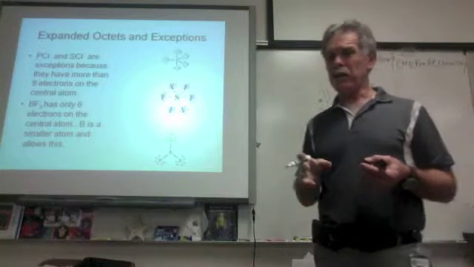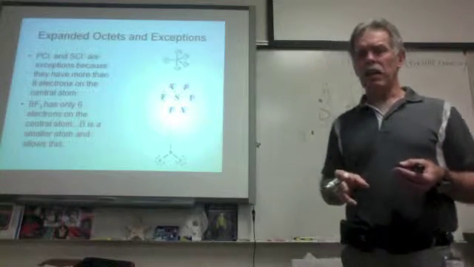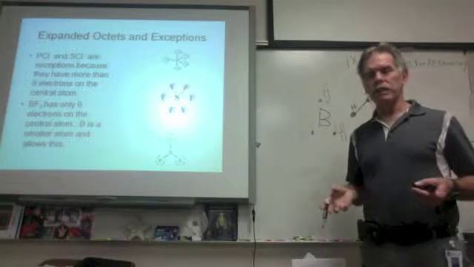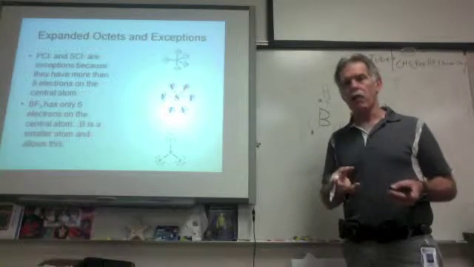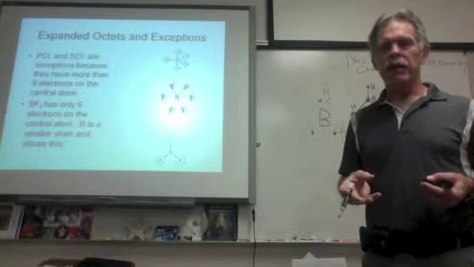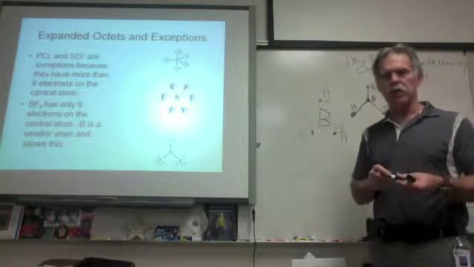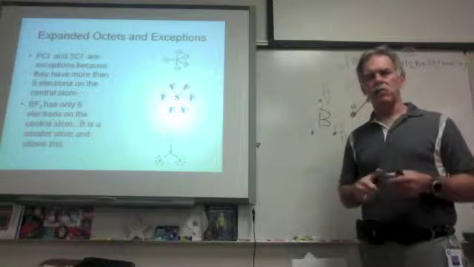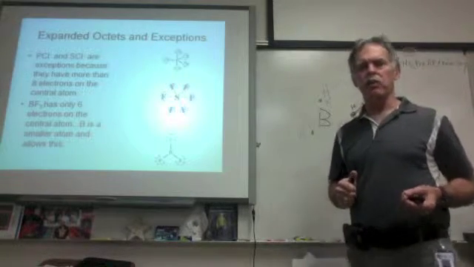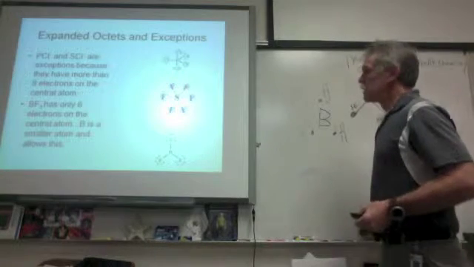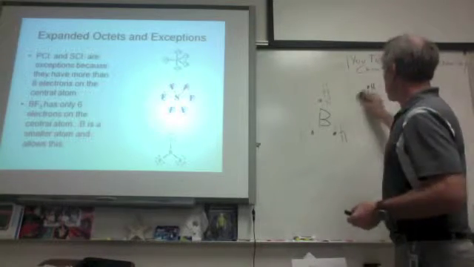So when we talk about BH3 and its shape, it's one of the few examples of the trigonal planar that y'all will see. There are some others, but make sure you know that that one's trigonal planar, because I believe on the quiz or the test, I ask you what the shape of a BH3 molecule is. Trigonal planar. You should know that. Okay? So those are some of the exceptions.